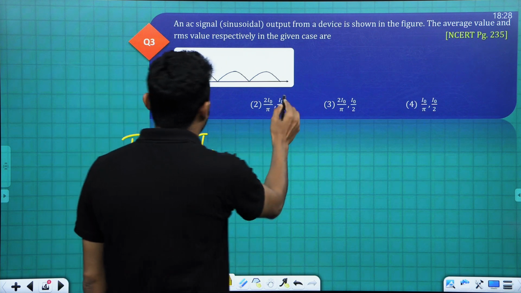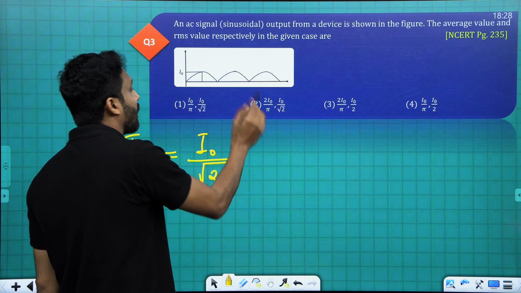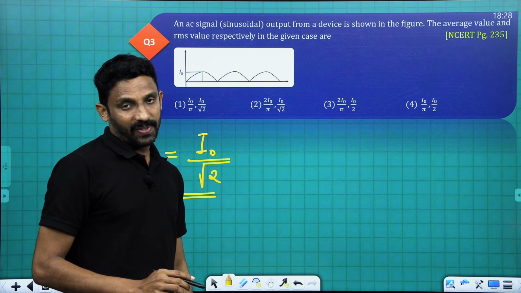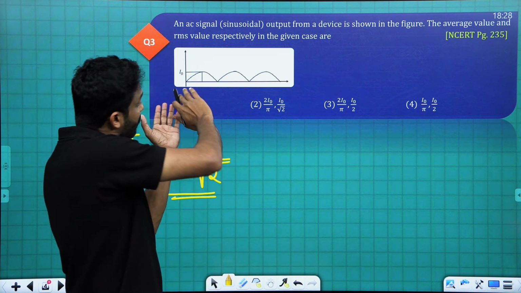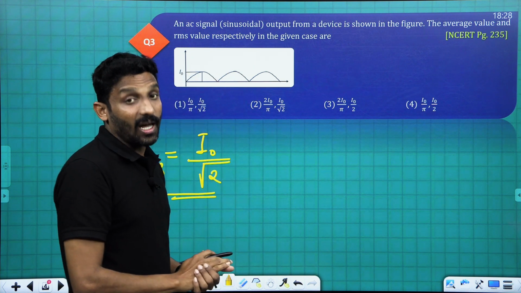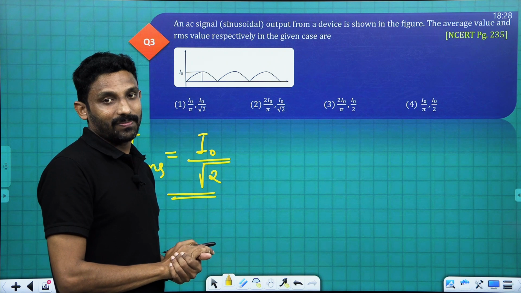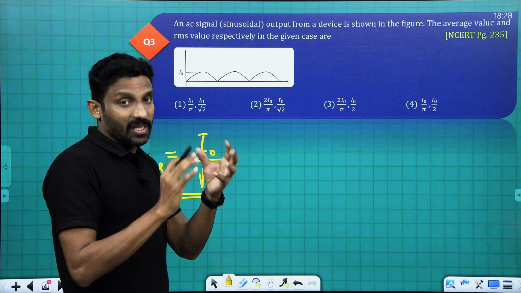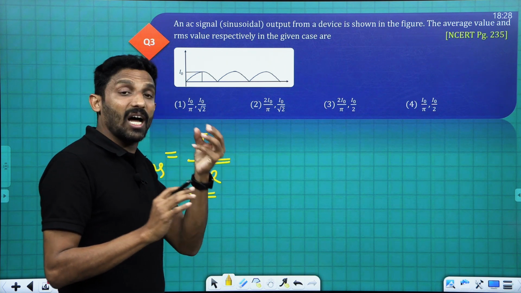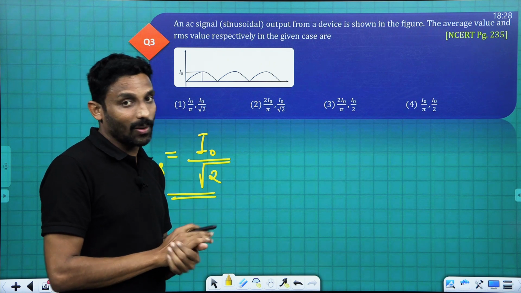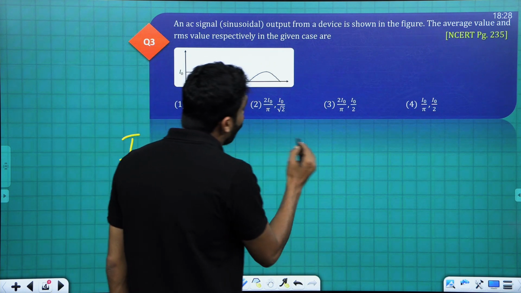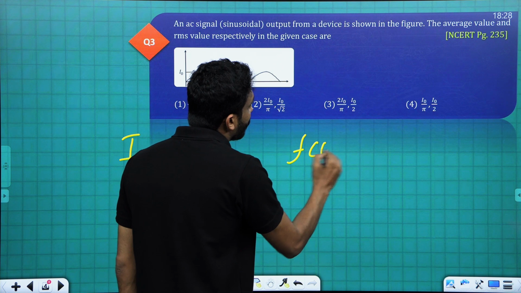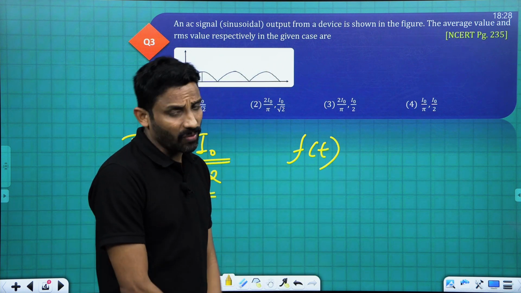There are two options with I naught divided by root 2, the first one and the second one. Clear? Now, in the case of this half wave rectification, the average value is equal to what? How do we get the average of a function? Suppose we have a function f of t, a function of time.